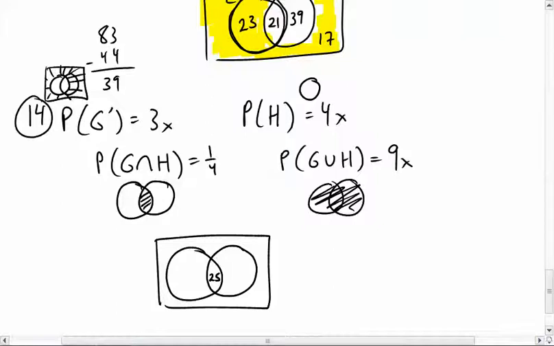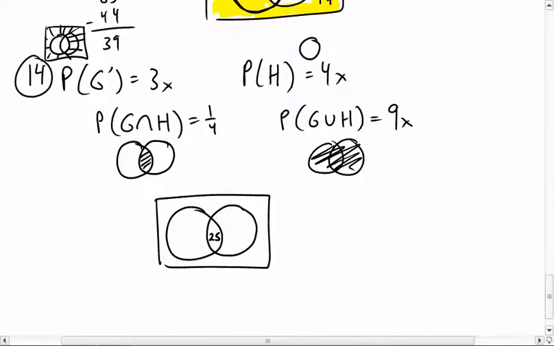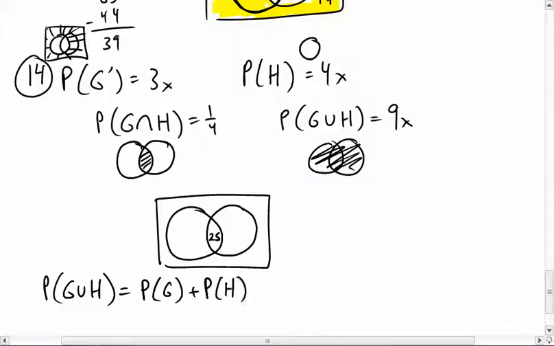Yeah, this is not so nice. This is much better with equations. I can say that the probability of the union is the left side plus the right side minus the middle.